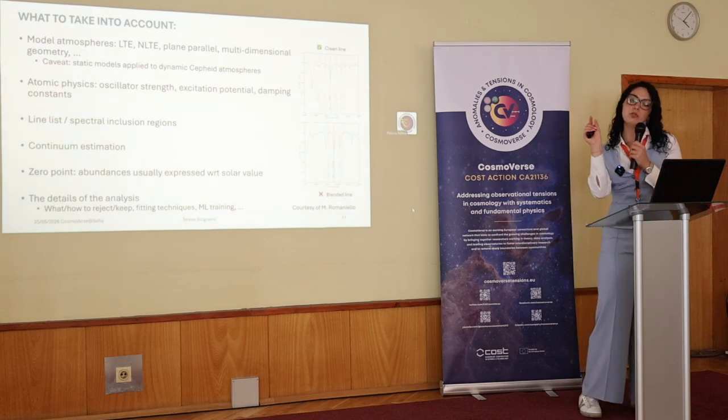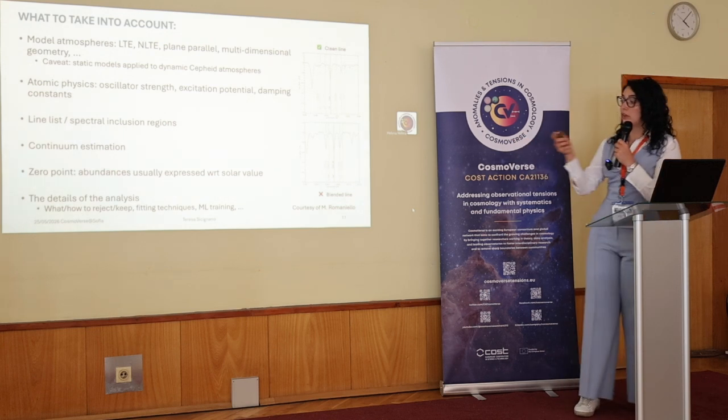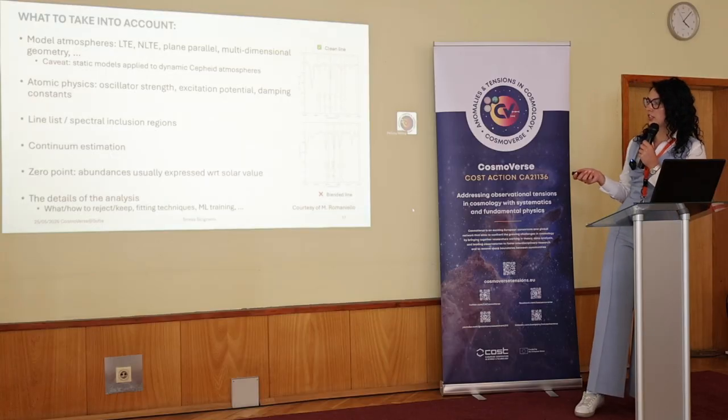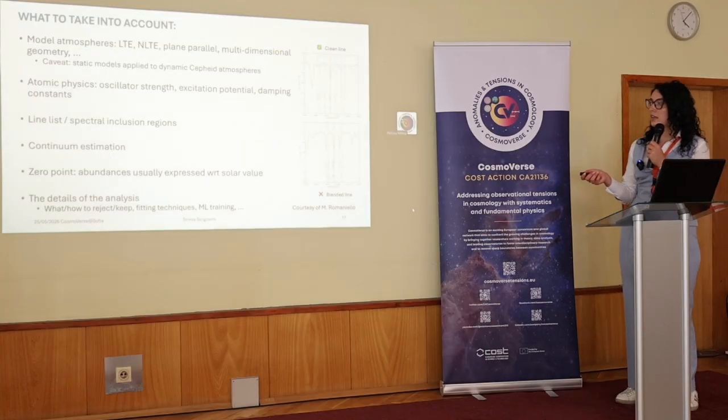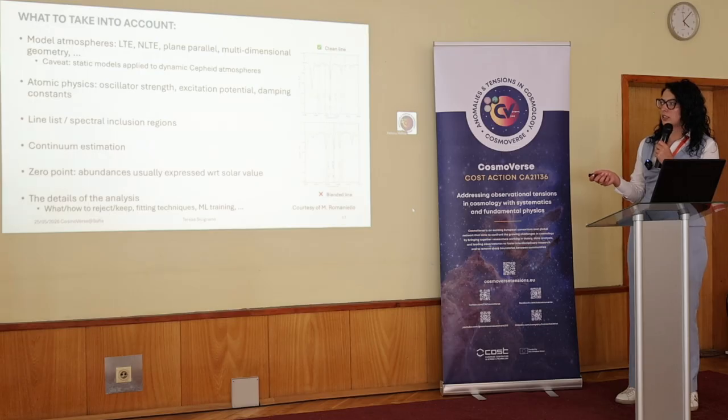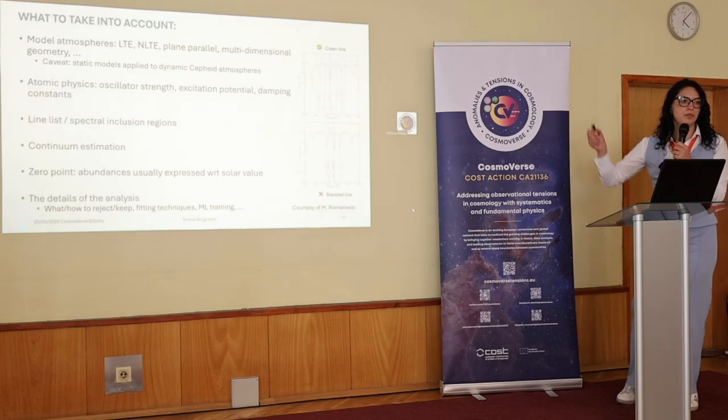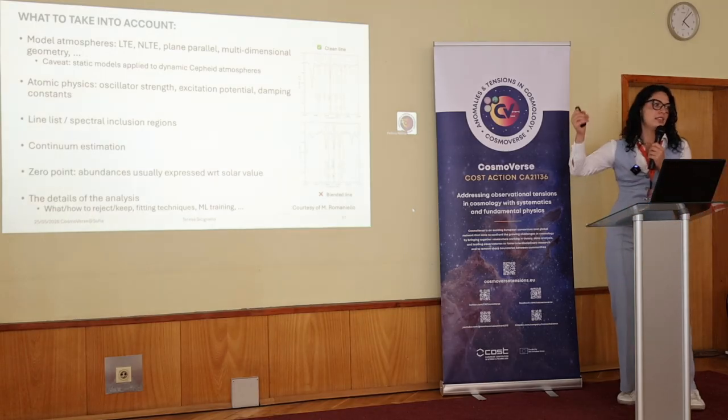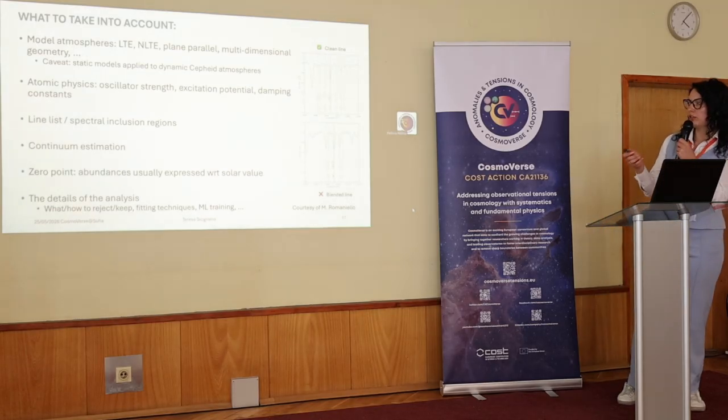So this means that the wings of two lines can touch each other, as you can see here. And now, here, which one is the continuum? Because at this point, there is some flux that's taken from one line, from one absorber. Some other that's taken from here.